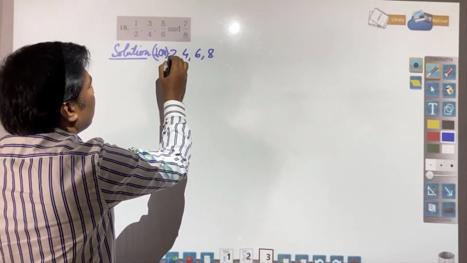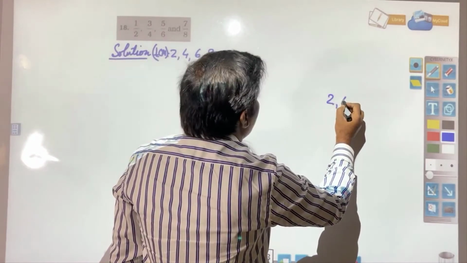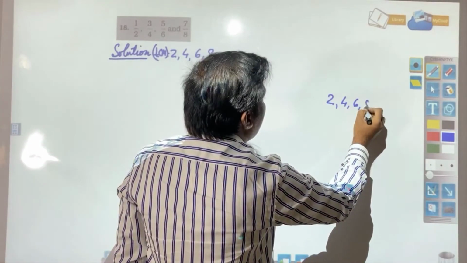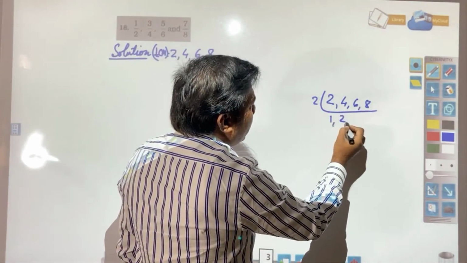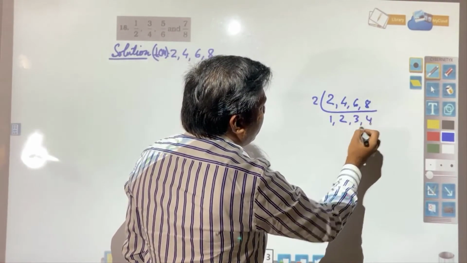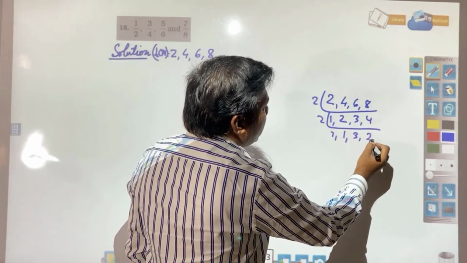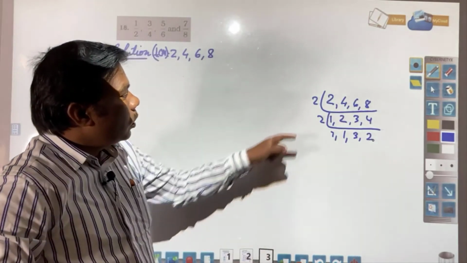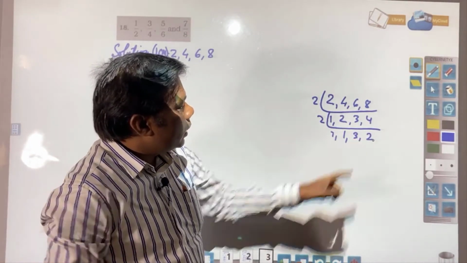LCM of 2, 4, 6 and 8. Here you see 2 1s are 2, 2 2s are 4, 2 3s are 6 and 2 4s are 8. Then you have 2 1s are 2, 2 2s are 4. You multiply this. 2 2s are 4, 4 3s are 12, 12 2s are 24.